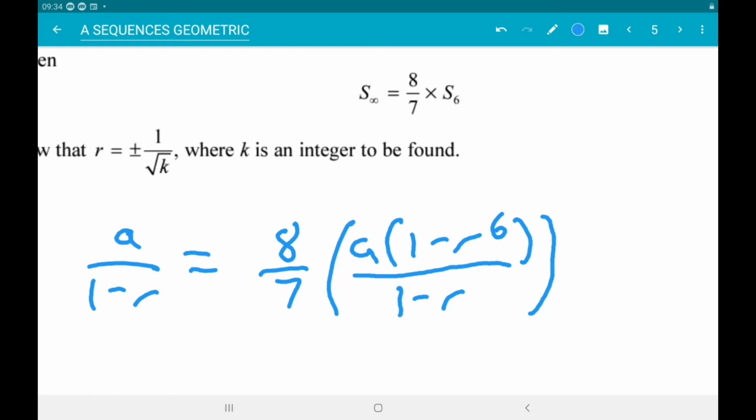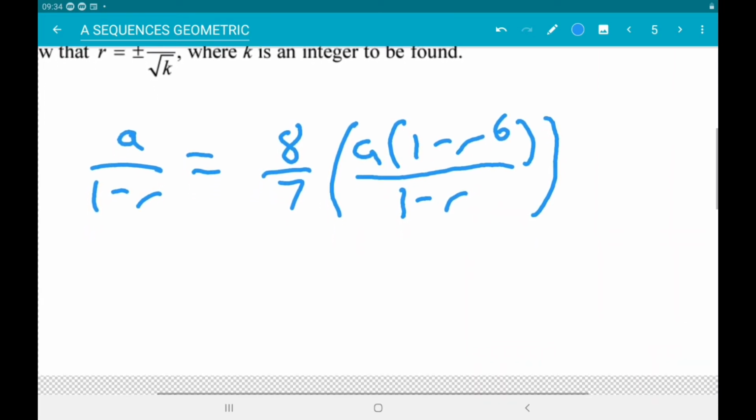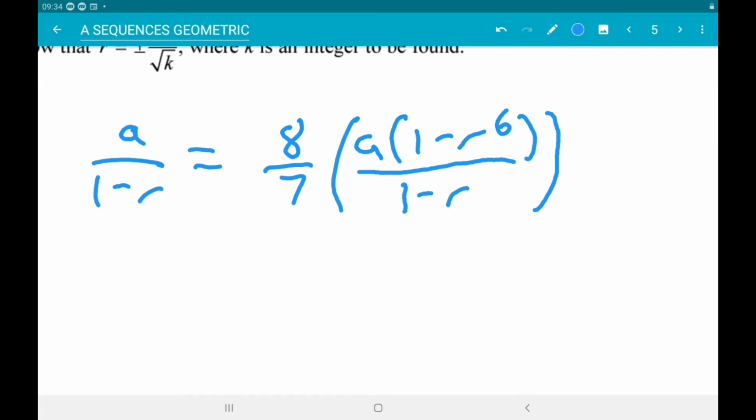Alright, now both sides have a common factor of 1 minus r on the bottom. So we can multiply through by 1 minus r. So we get a is 8/7 times a lots of 1 minus r to the 6.